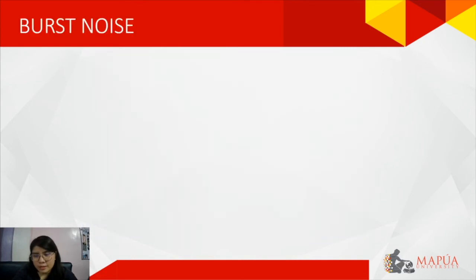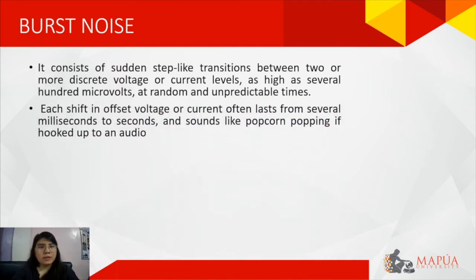Next is burst noise. Burst noise consists of sudden step-like transitions between two or more discrete voltage or current levels, as high as several hundred microvolts, at random and unpredictable times.